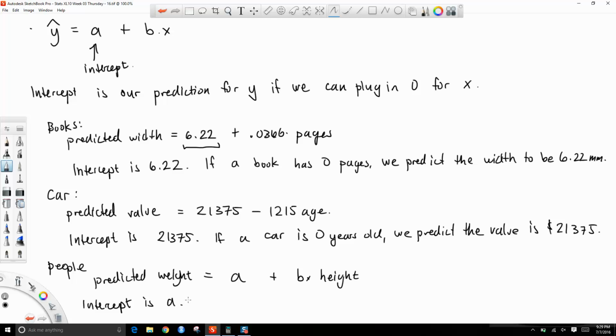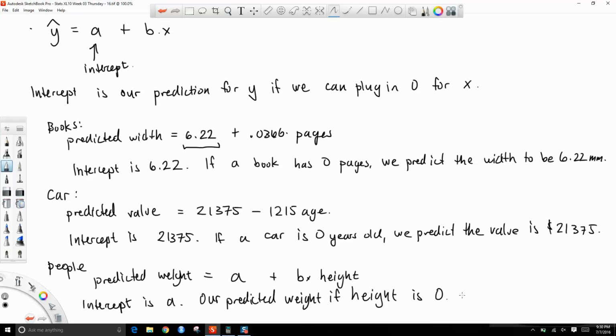I don't know what that is, but this would be our predicted weight if height was 0. But you cannot have a person with a height of 0. Literally, that person does not exist.